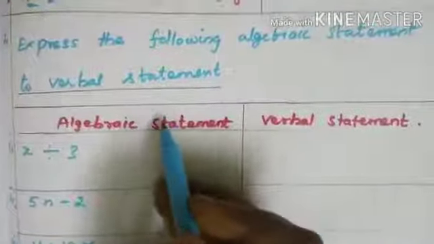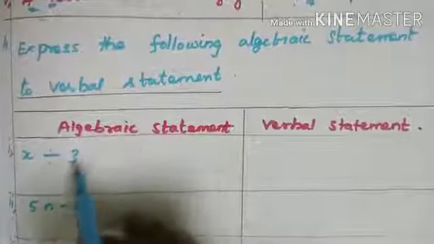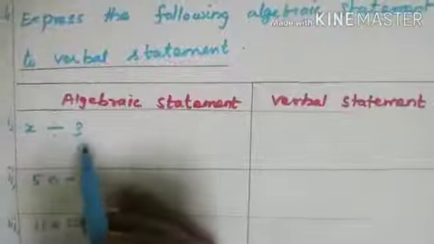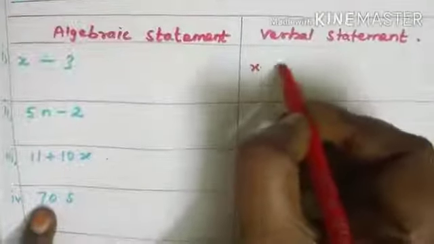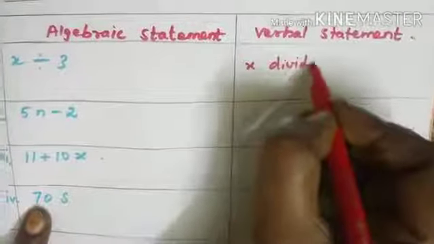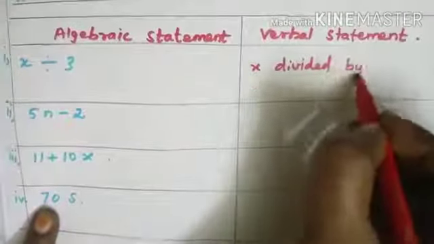Next, express the following algebraic statement to verbal statement. Now we are going to write algebraic statement to verbal statement. First you see, x divided 3. How we will be writing x divided by 3, isn't it? x divided by 3.